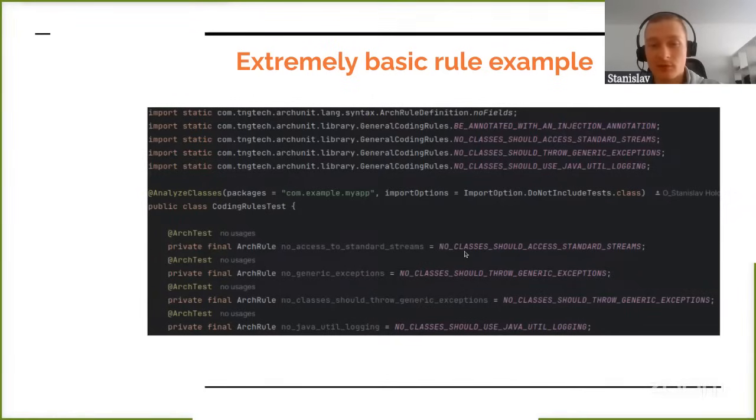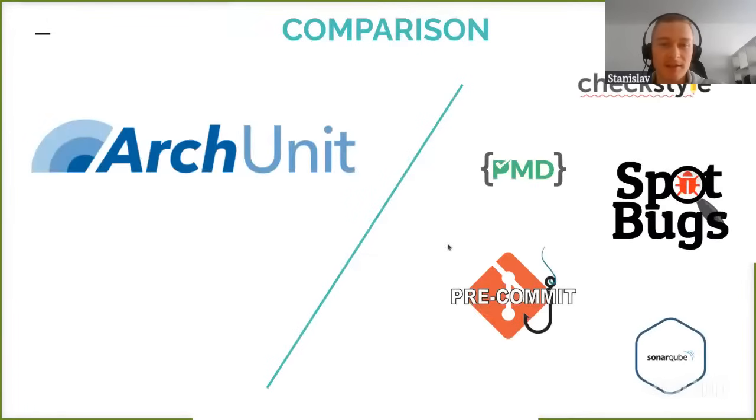Some rules like no classes should access standard streams, or throw generic exceptions, or use Java util logging. So basically, such rules I think resemble something from PMD and Checkstyle, but it is configured, in my opinion, much more easily with Java code, not with XML, and so on.